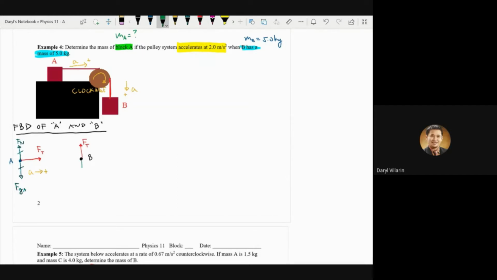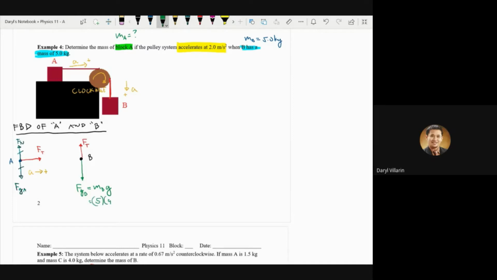And you have the weight of the object. Again, this is just the gravitational pull of the Earth. The magnitude of the weight is given by its mass times g. Since I was given the mass of my B, I'm just going to solve that one out.